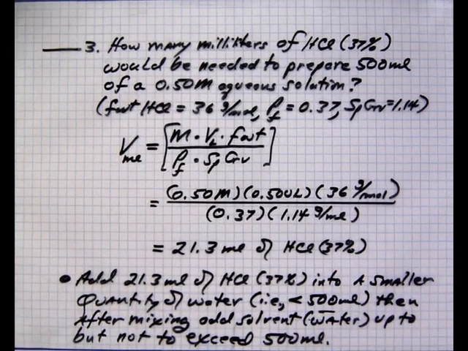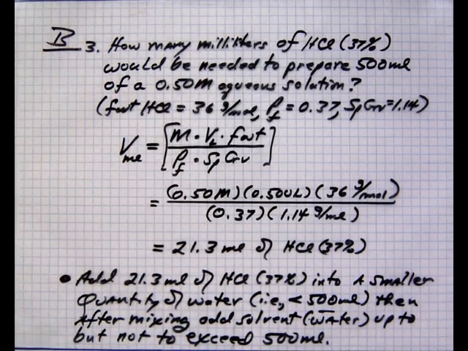Assuming you're using a volumetric flask, then it would be up to the 500 milliliter marker. That is B choice for number 3.